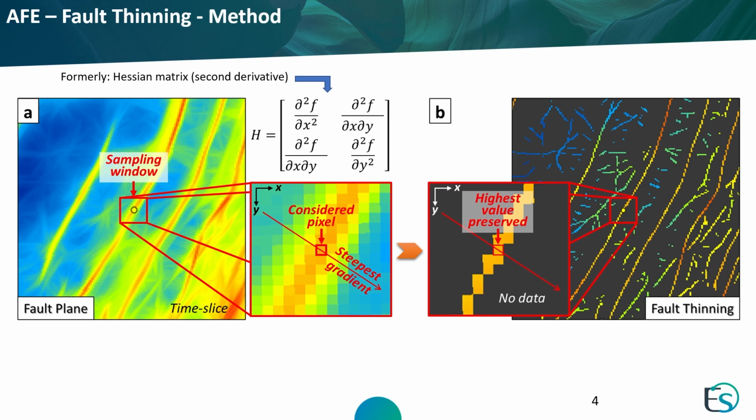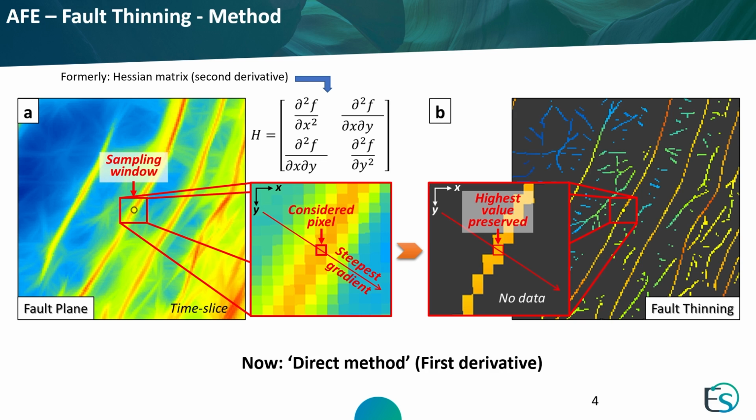There are multiple methods for doing this, and the method you choose will be based on, of course, your data quality and the type of faults you're hoping to extract. Hessian is one method, but we also have a direct method that is more designed toward larger continuous faults. And like I said, I'll talk a little bit more about that in the live demo.